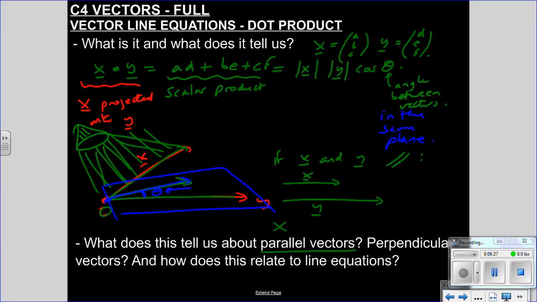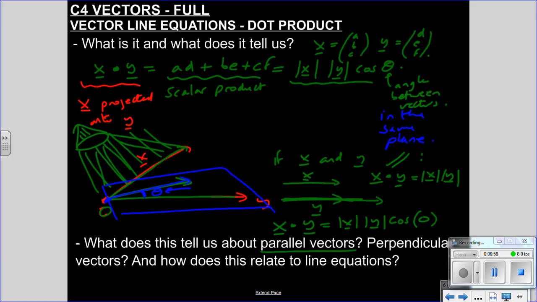And therefore, x dot y will equal, looking at the definition, mod x, mod y, cos theta. What's the angle between them? If you put them on top of each other, the angle between them is 0, isn't it? And you know that cos 0 is 1. So if x and y are parallel, x dot y is just going to equal mod x mod y.